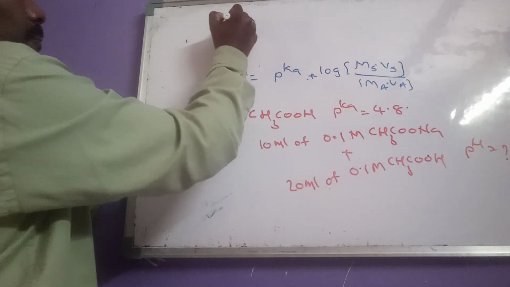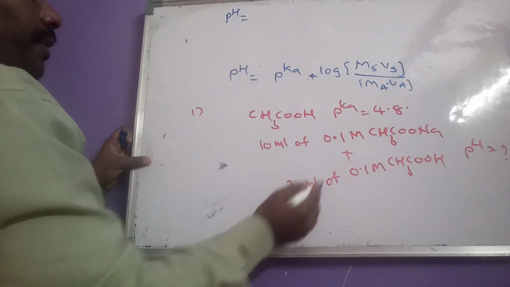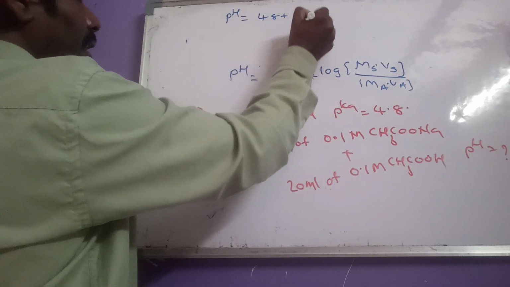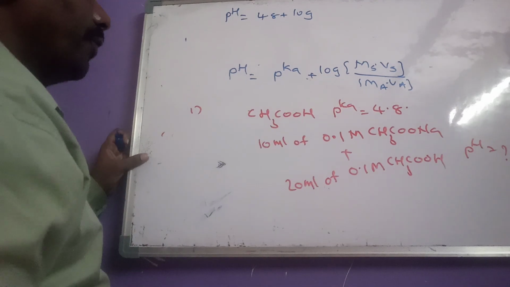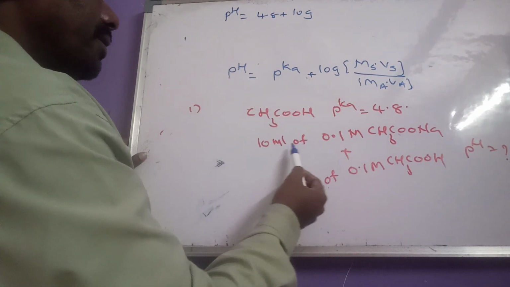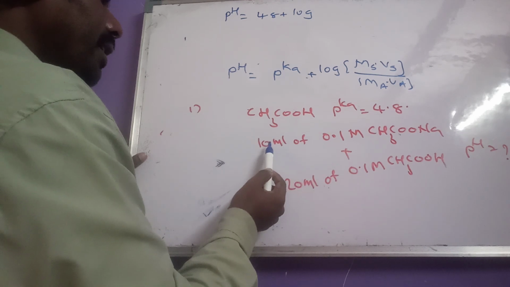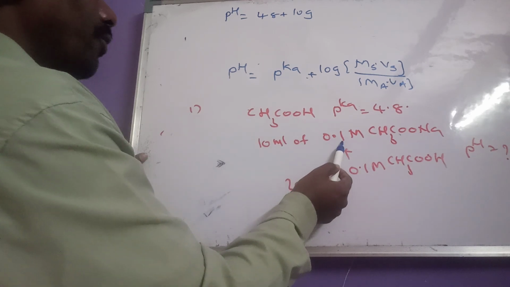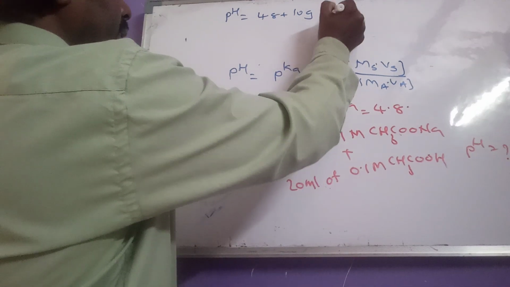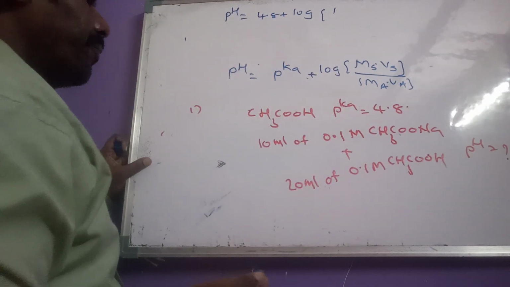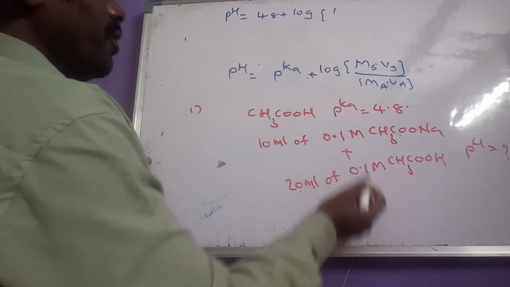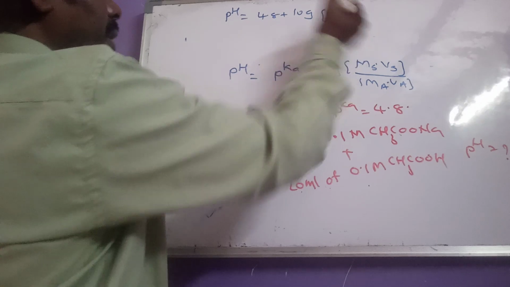So pH equals 4.8, which is given, plus log of Ms into Vs. This is the salt, so 10 ml into 0.1 M gives 1. Then for the acid, 20 ml into 0.1 gives 2, so 1 by 2.